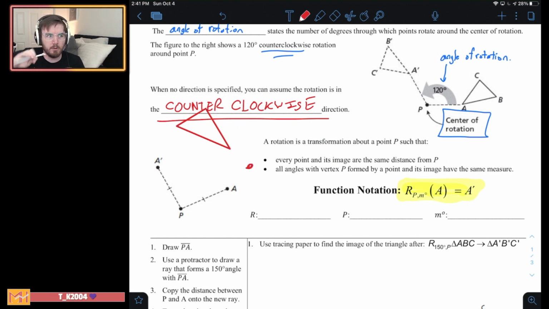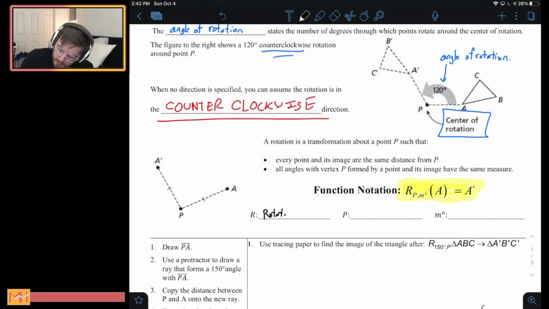There's a difference between rotating it around itself versus rotating it around a specific point. So our capital R here, of course, stands for rotation. The point P stands for the center of rotation. And the M represents the angle of rotation.